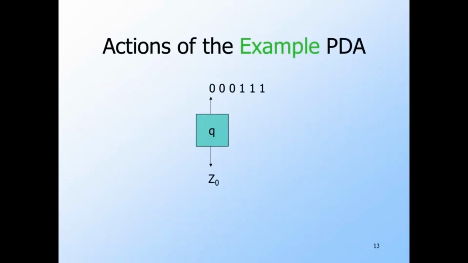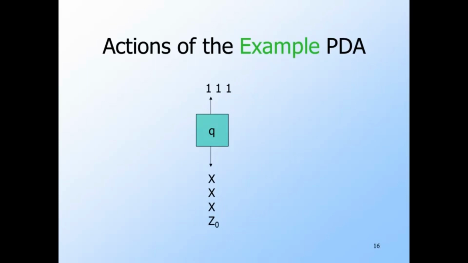Here's a moving picture of the PDA we designed with 0, 0, 0, 1, 1, 1 waiting on the input. Initially it is in state Q with just Z0 on the stack. That's the initial configuration. For the first move, we consume the first 0 from the input and replace Z0 by XZ0 on the stack. Notice the X is on top of the Z0. It's at the top of the stack. We consume another 0 and replace the top X by two X's.